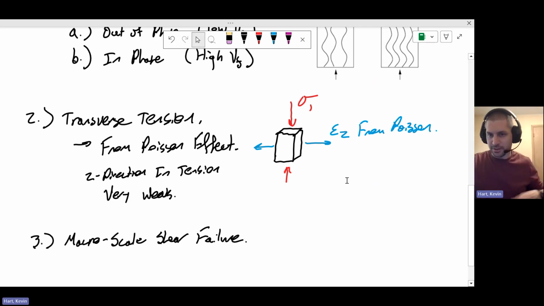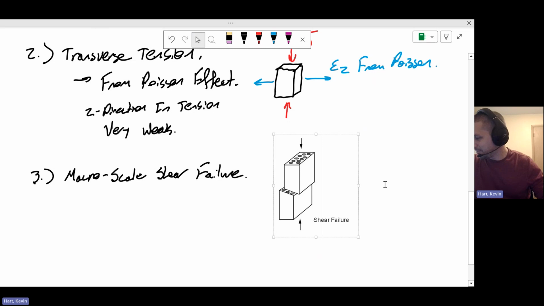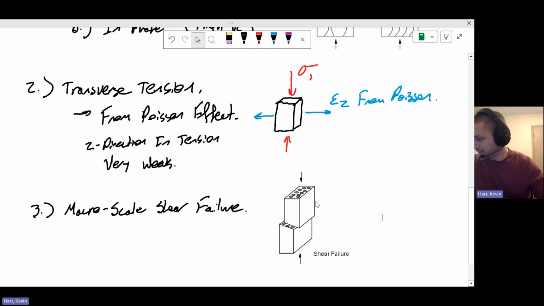And I have a nice picture of this in the notes. I'll pull that one in here because it's better than what I could draw. This one's hard to draw. This is like a typical shear failure that you might see in a metal, like aluminum. All the grains inside the material want to align at a 45-degree angle with the load, and then they start slipping and sliding against each other.